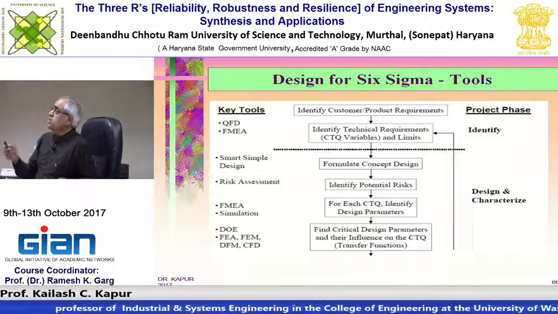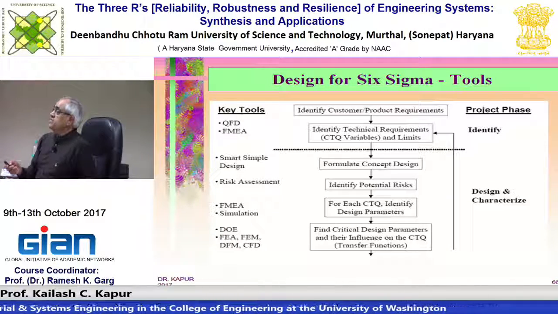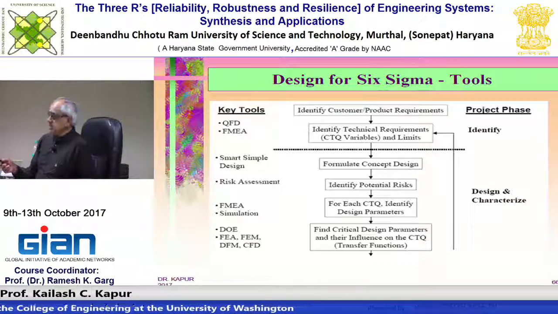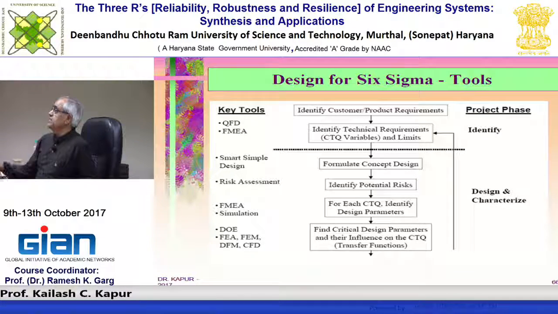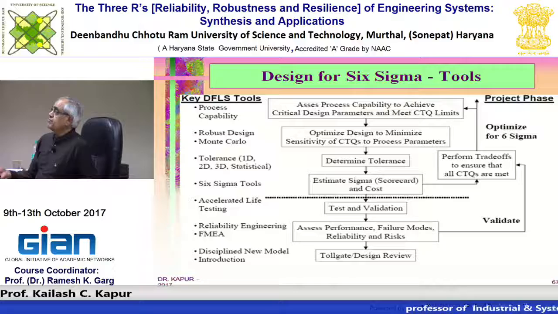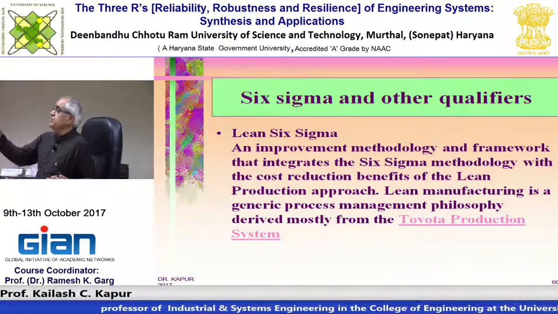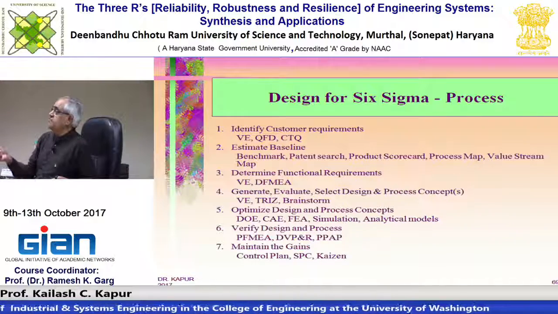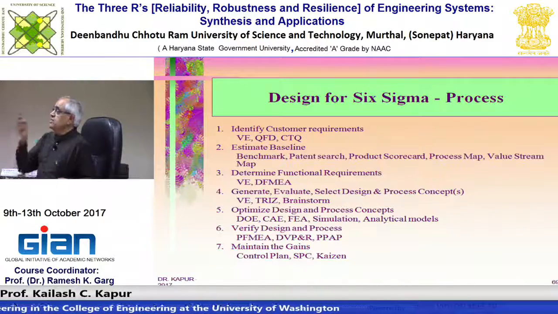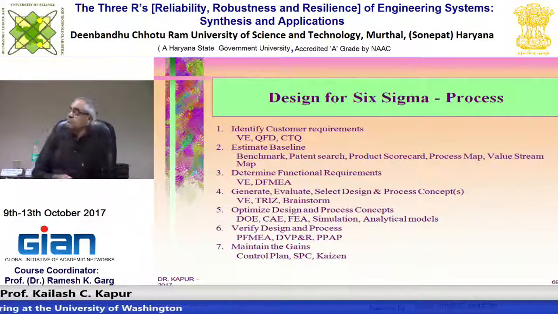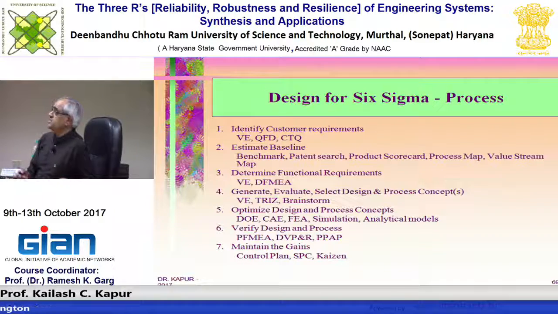So you use all these methods for design for Six Sigma. Here's again a list of QFD and FMEA and so on. You can always put other qualifiers, like we talked about Lean Six Sigma and so on. The basic idea is the same.